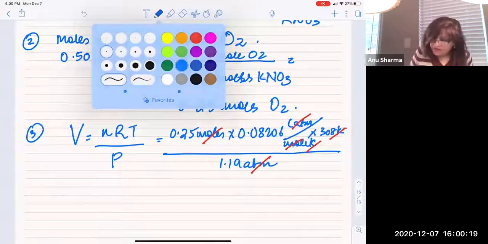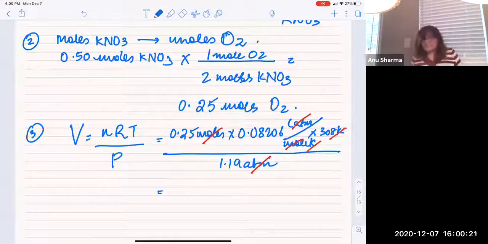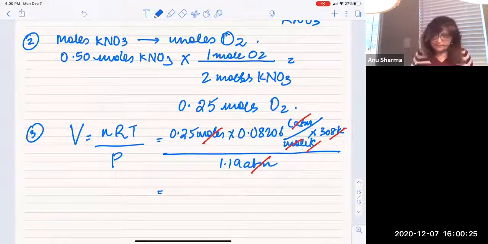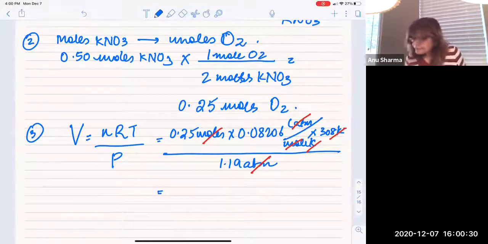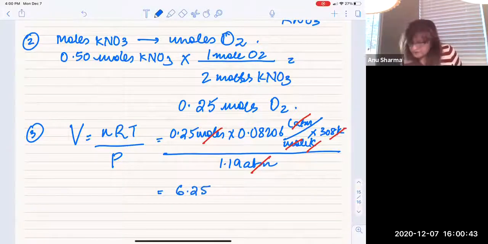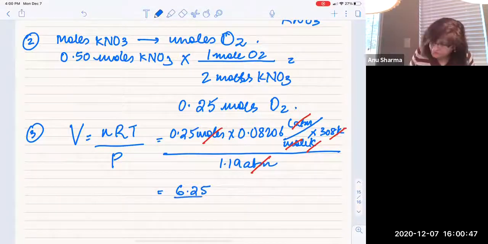So now what do you get here? 5.25. Oh, sorry.